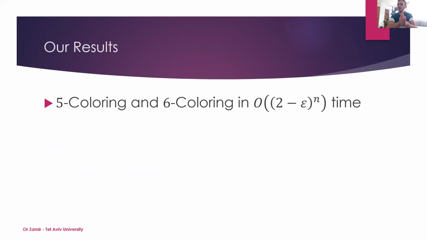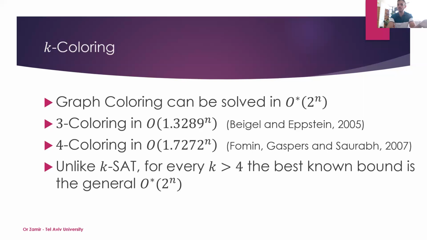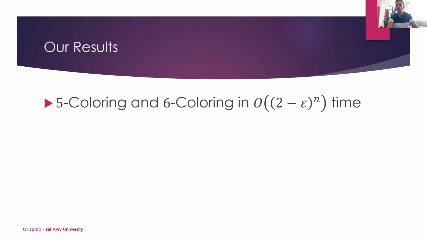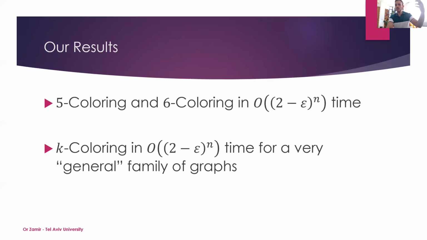So what we show is the following. First of all, we show that 5 coloring and 6 coloring can also be solved exponentially faster than 2 to the n. So we push this a bit further. It's not only 3 and 4, but also 5 and 6 that can be done substantially faster than 2 to the n. But much more interestingly, we show this using a much more general statement, which I will now explain.